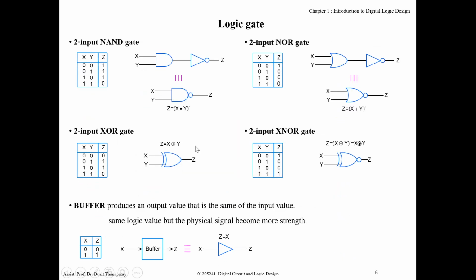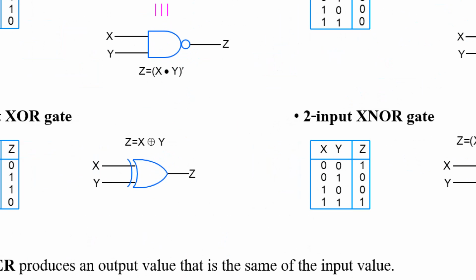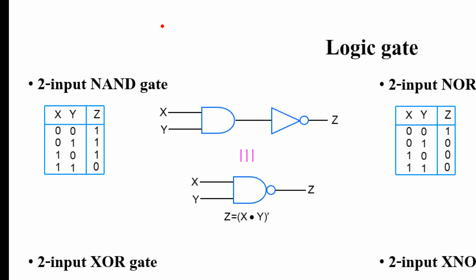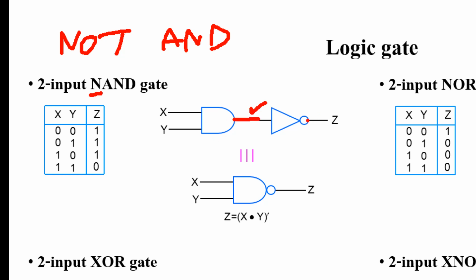And the next one is the NAND gate. NAND is from NOT AND. In a circuit diagram, you invert the output of AND by a NOT gate.